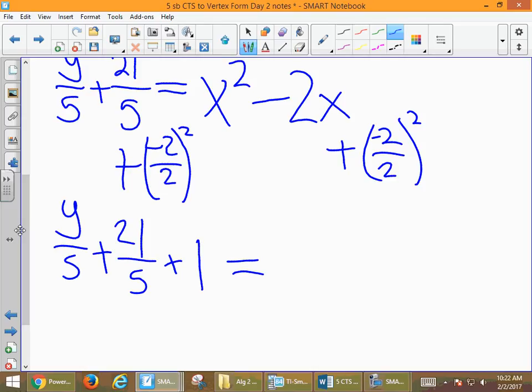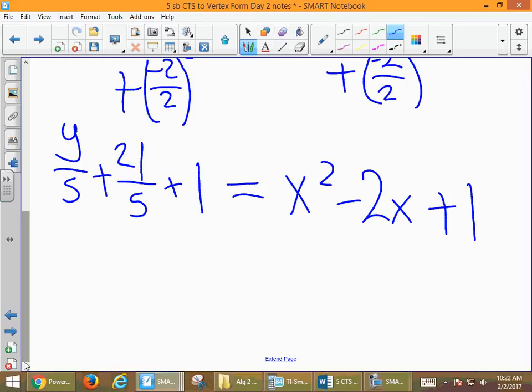And so on this side we have x squared minus 2x, and then we added 1 to this side, and because we added the same thing to both sides, we'll get a plus 1 on our right side. And so we can clean up our left side a little bit.